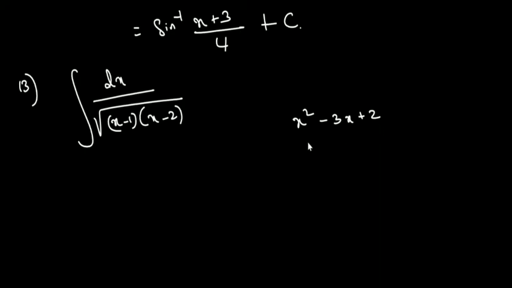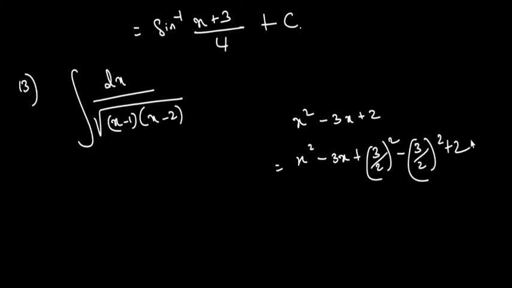Okay. So to make it a perfect square, divide the coefficient of x by 2, then square it. So you will get 3 by 2, then you square. Add 3 by 2 the whole square minus 3 by 2 the whole square plus 2.